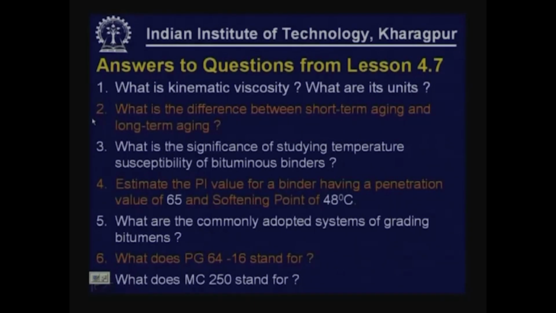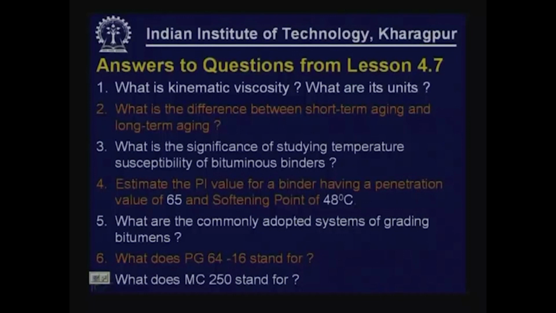Penetration index is equal to 1952 minus 500 log penetration, which is 65 here, minus 20 times the softening point value, which is 48 here, divided by 50 log penetration, penetration value 65 here, minus softening point, that is 48 here, minus 120. So, this expression can be used to work out the penetration index value.